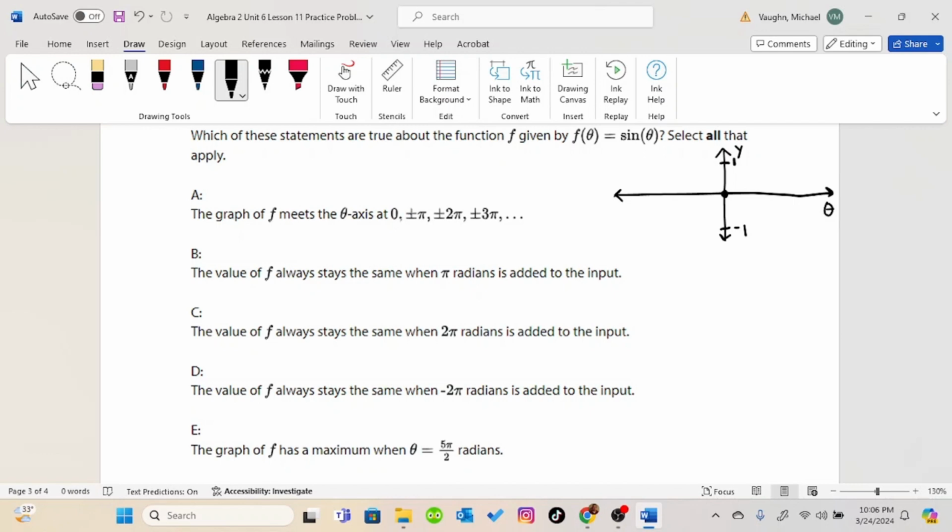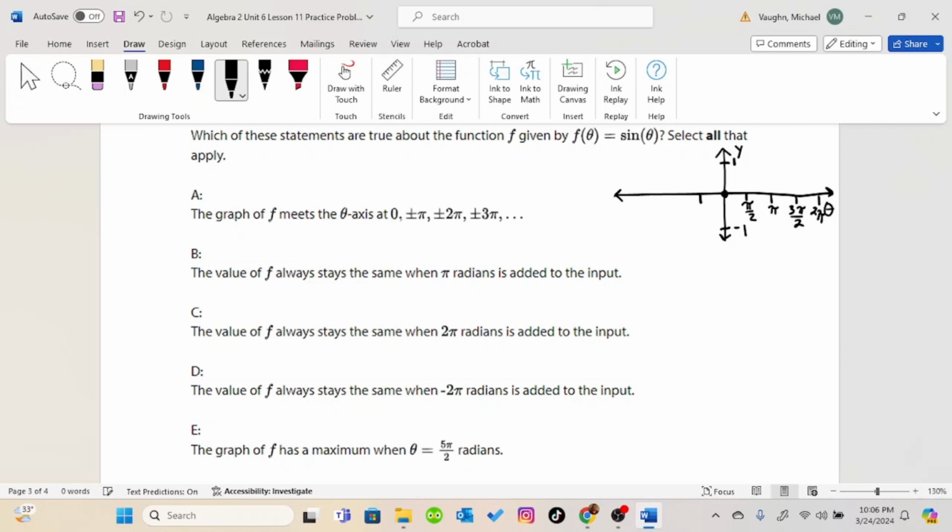And then we could have pi over 2, pi, 3 pi over 2, and 2 pi.